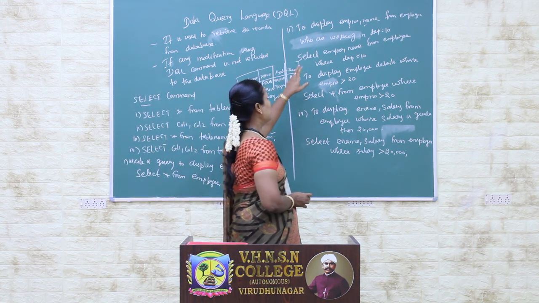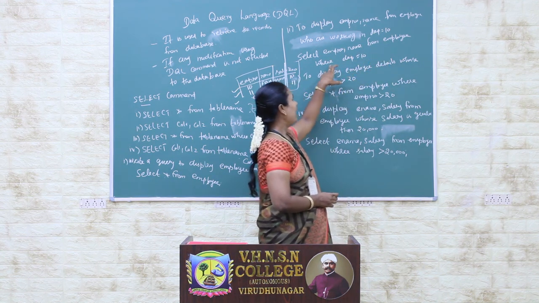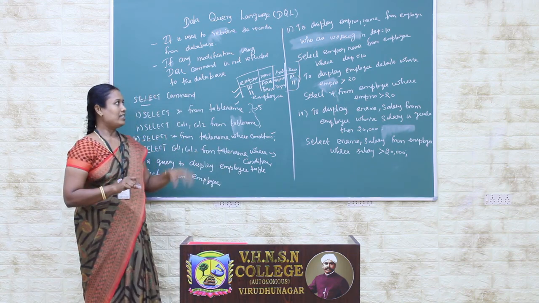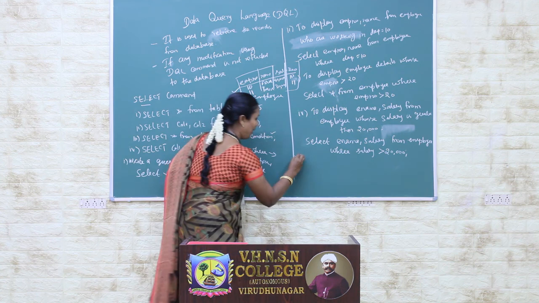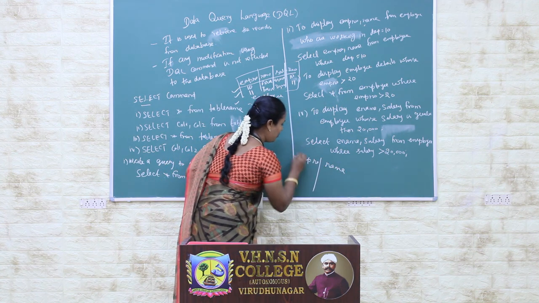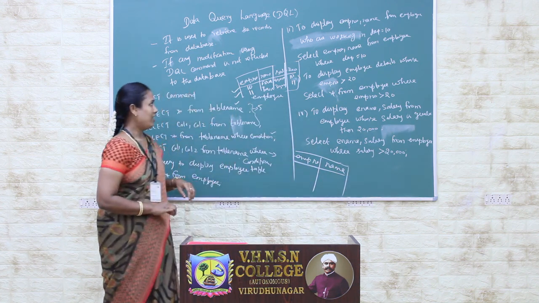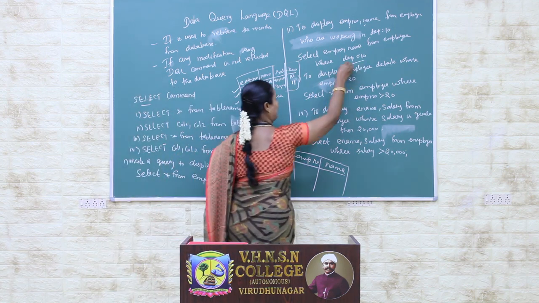SELECT employee number, name FROM employee WHERE department = 10. So what is the output for this command? We evaluate only employee number and name. These two fields only are selected in the resultant table. The condition we have to evaluate is department equal to 10.